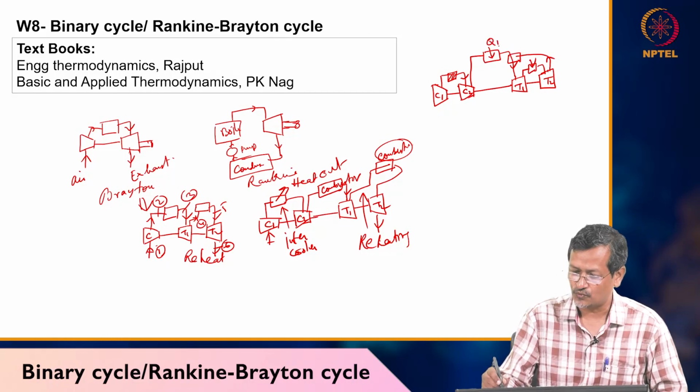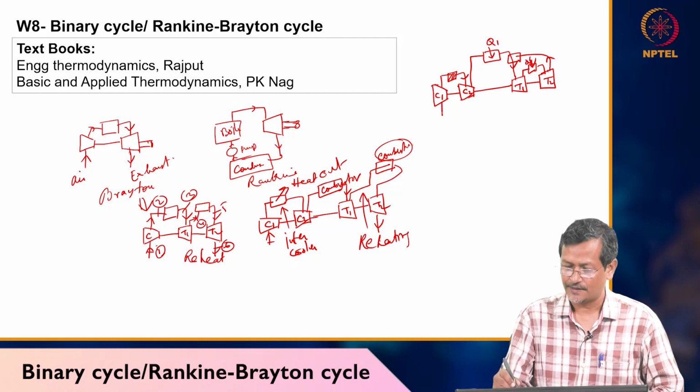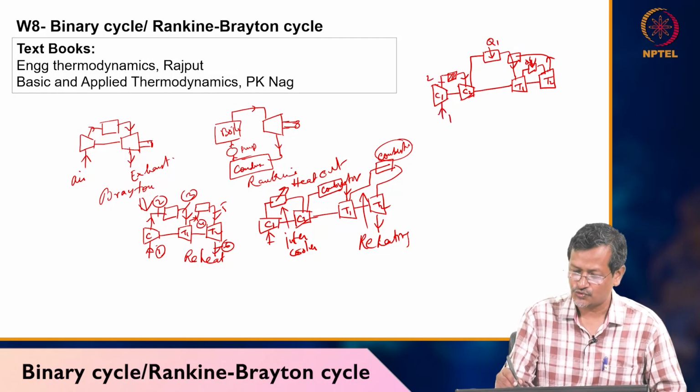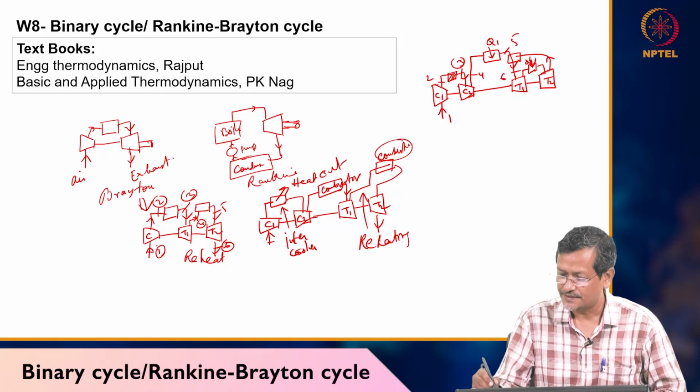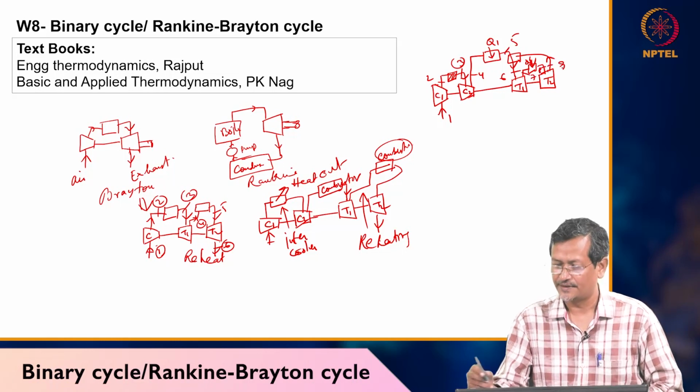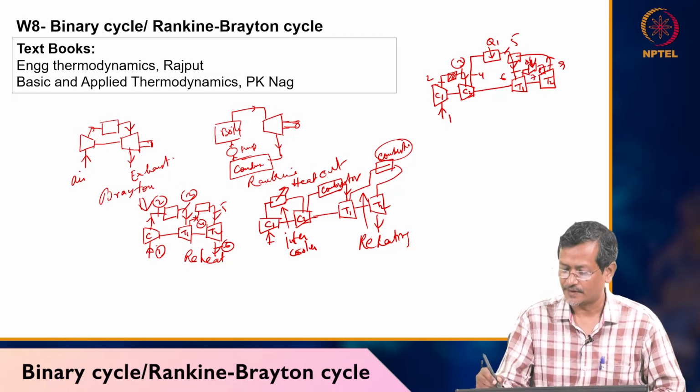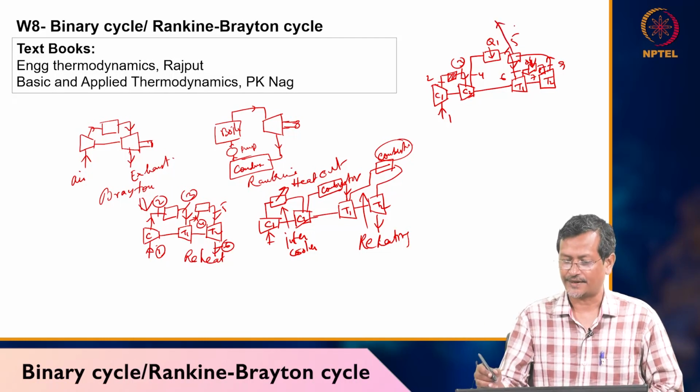We'll say Q1, maybe Q1 dash. Points 1 through 9. From there it goes out, or it can be directed to 1.